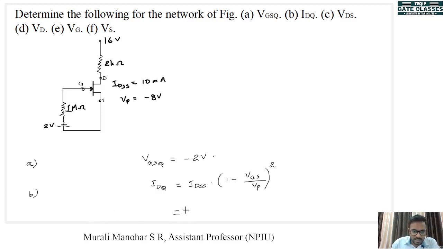So IDSS is 10 milliampere, so this is 10 into 10 to the power minus 3 into 1 minus, VGS is minus 2 volt, minus 2 divided by VP is minus 8 volt, so minus 8 the whole square. This minus and minus cancels, so this becomes 1 minus 2 by 8. 2 by 8 is 1 by 4, so this becomes 1 minus 1 by 4, which is 3 by 4.